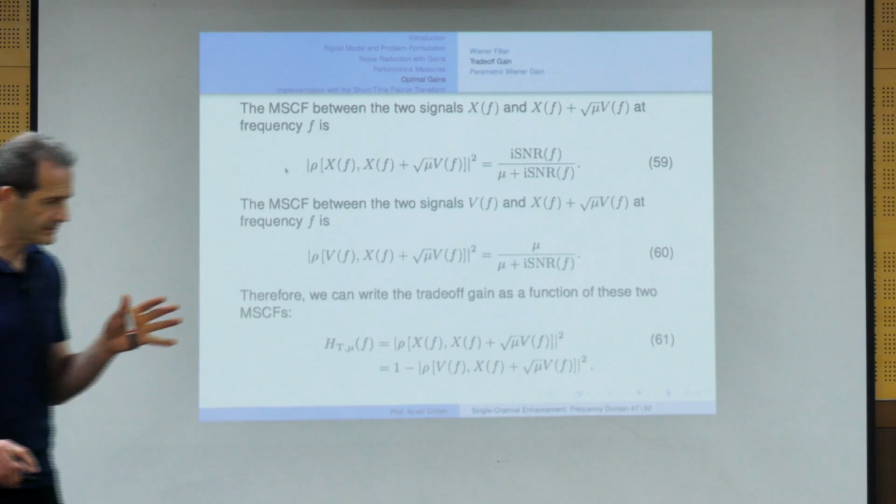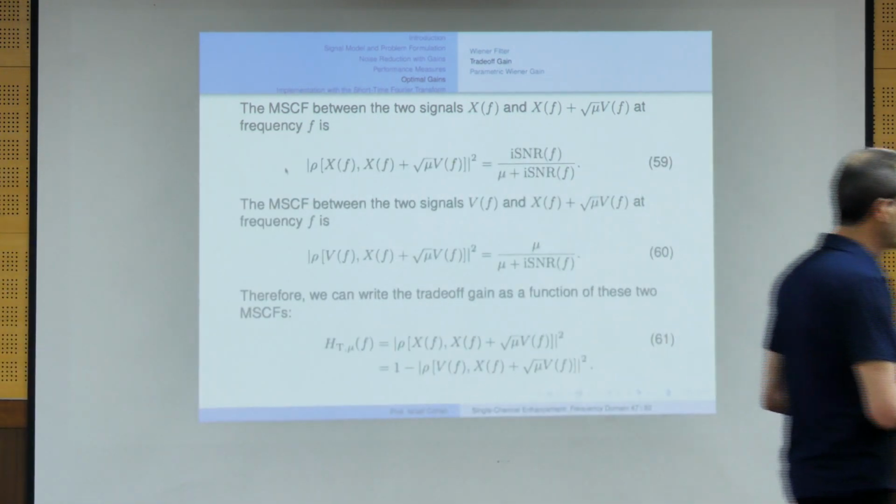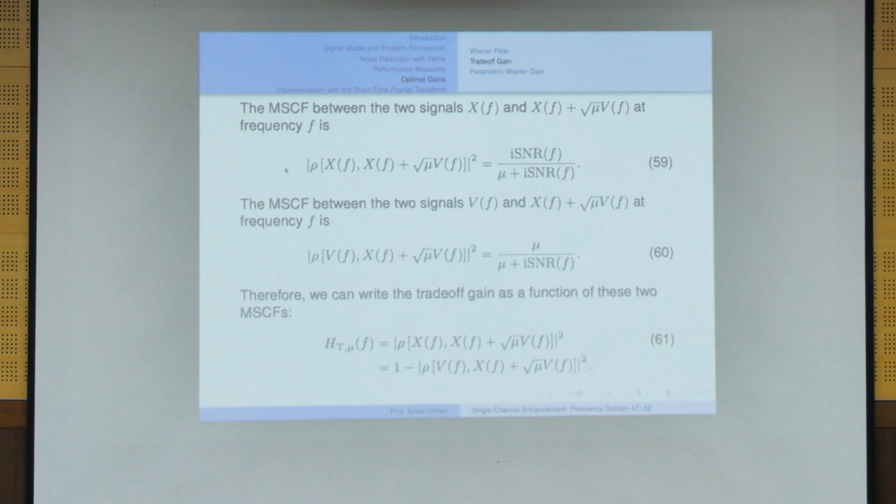So if I give a representation like this, just like what we did with the Wiener. With the trade-off, what did we do? We tried to minimize the mean squared error with the parameter mu. So instead of minimizing J, that looks like J_D plus J_N, what did we do?